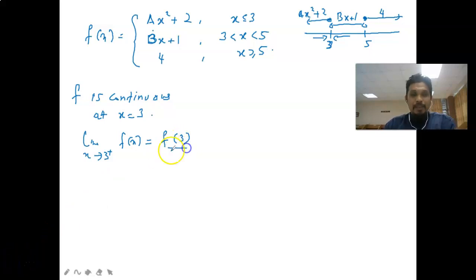If we refer to this number line, the function ax squared plus 2 gives us exactly the value when x equals 3. So for this one, a times 3 squared plus 2 is f(3), and then x approaching 3 from the right, we compare with b times 3 plus 1.